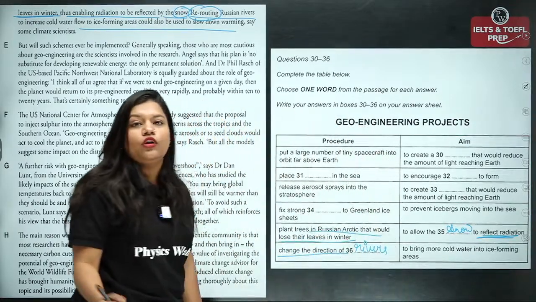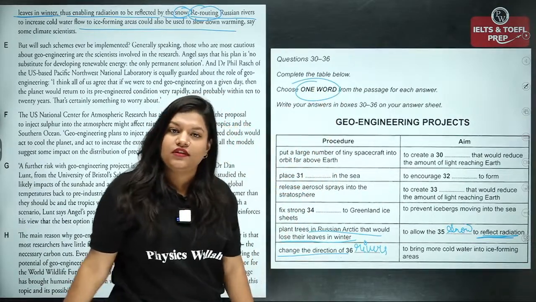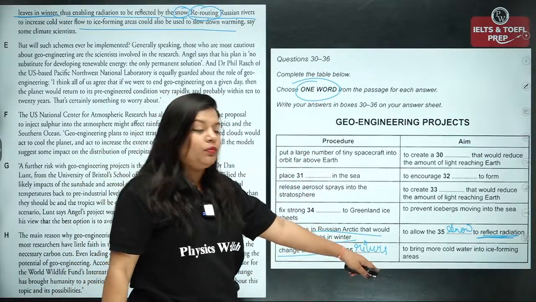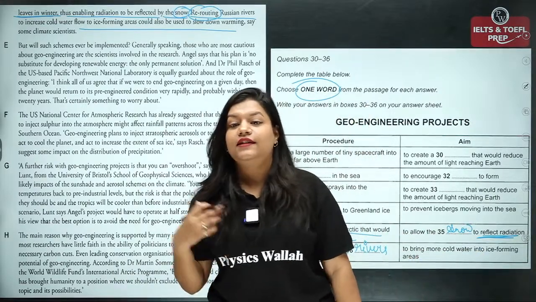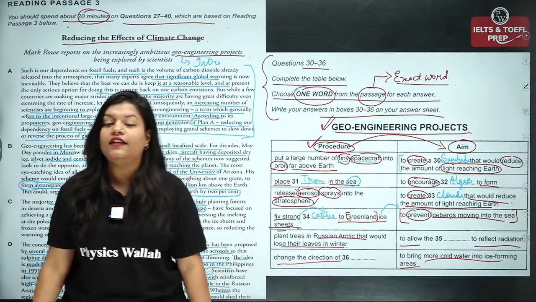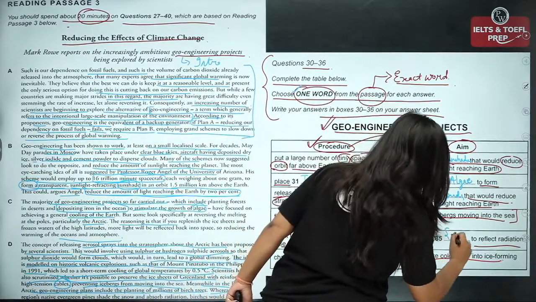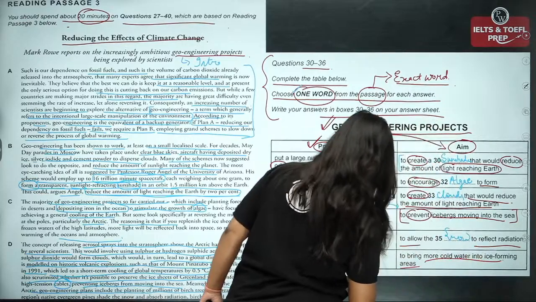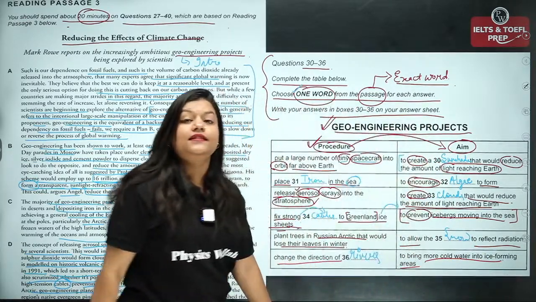So definitely we cannot write Russian rivers because we need to write only one word. So this is the reason I'm writing rivers here as the answer, to bring more cold water into ice forming areas. This is how you are going to solve it. It's going to seem very easy. Trust me, it is very easy. So the answer is going to be snow and rivers, right?